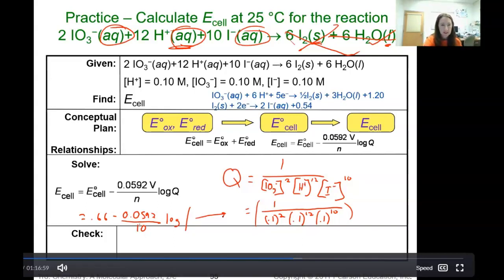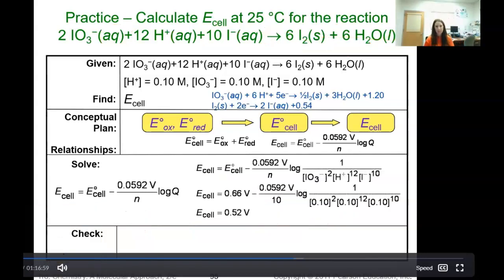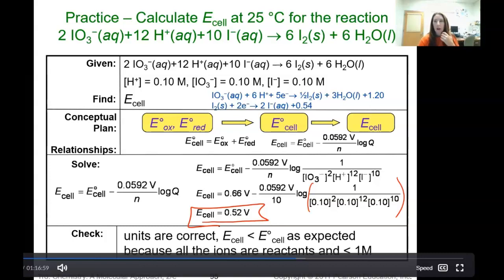So when I did that, I got 0.52. I think the hardest part of this one was the weird, very strange looking Q. We have some weird Qs and weird answers when we do these problems, just letting you know. So we get 0.52. Okay, any questions about this one? No questions? Okay.